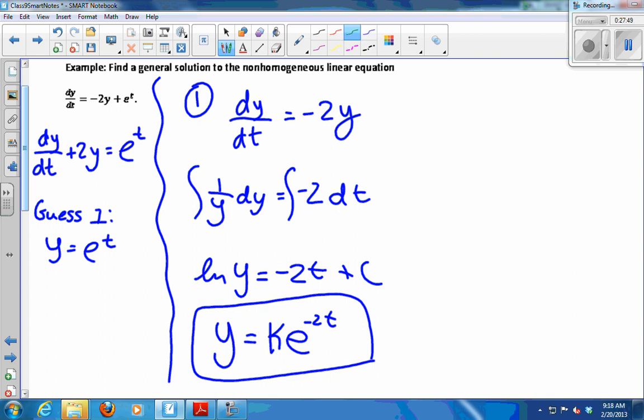If I take dy dt, that would be e to the t plus 2 times y. I actually get 3 e to the t and not e to the t. So e to the t is not the solution, but I was only off by a constant factor. So if I use 1/3 e to the t instead of just plain old e to the t, that could work.